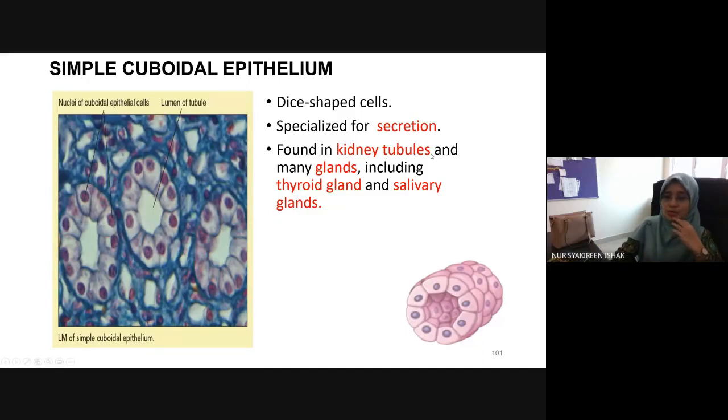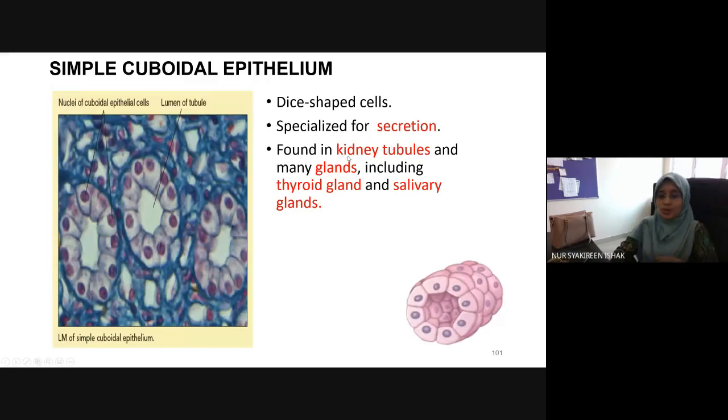Found in kidney tubules and also many glands, including thyroid glands and salivary glands. Thyroid produces hormones and the hormone is secreted into the blood. Salivary gland produces amylase and the amylase is secreted into your oral cavity. So that's why it is composed of this type of cell, simple cuboidal.